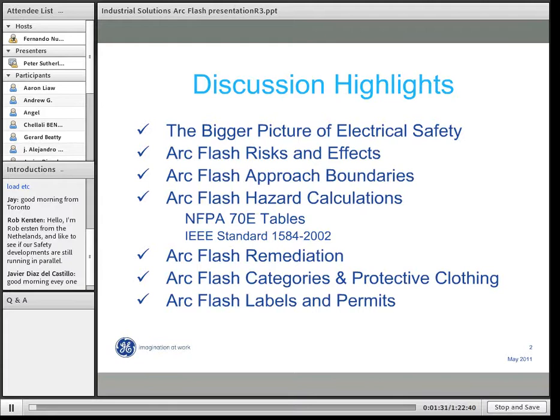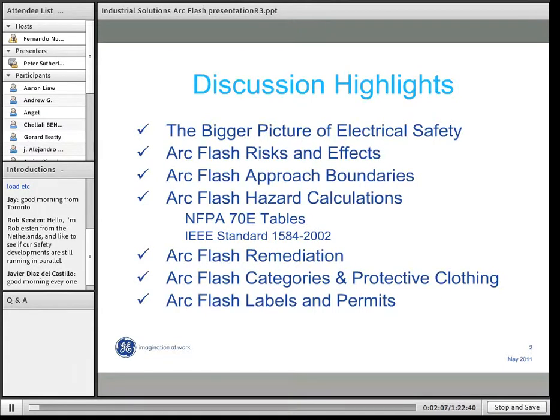Then we're going to talk about the various approach boundaries that have been defined, which are necessary to observe depending on your level of qualification and the amount of personal protective gear which you are wearing. There are also approach boundaries for electrical shock that will also be discussed.